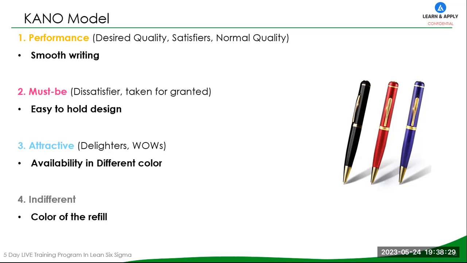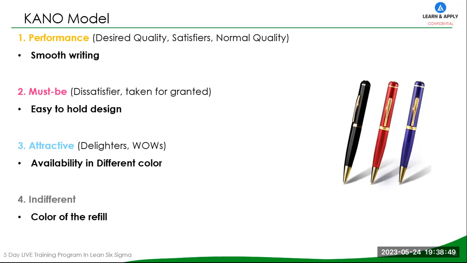This Kano model is extremely important, as we are going to work on the define phase. Once we define, at that time we are going to understand the customer. So when we discuss the voice of the customer, we must understand what is the performance, must-be, attractive and indifferent to the customer.